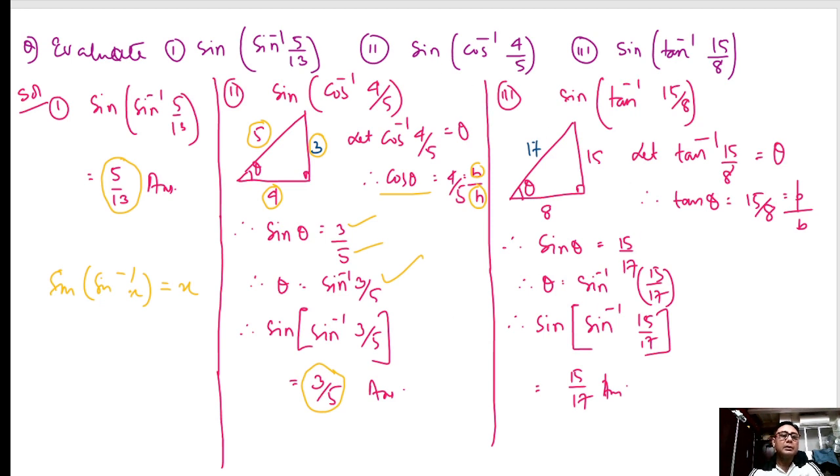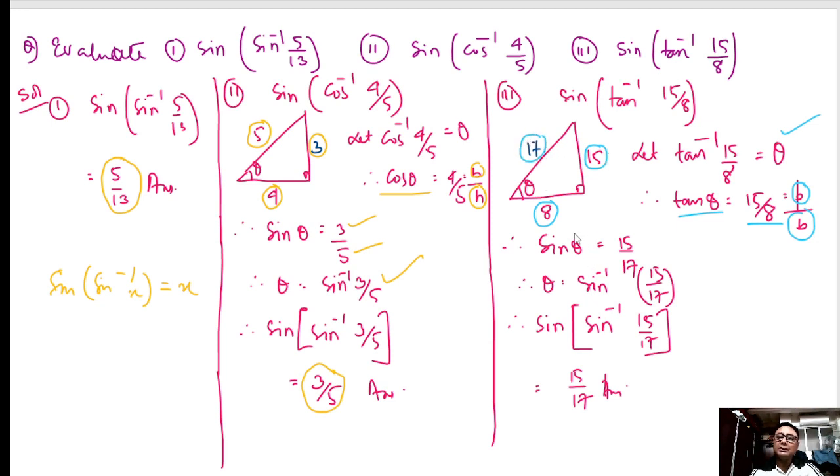Similarly, sine of tan inverse 15 by 8. Let tan inverse 15 by 8 equal theta. That means tan theta is 15 by 8, and tan theta is perpendicular by base. So my perpendicular is 15, my base is 8, so I can find the hypotenuse as 17.